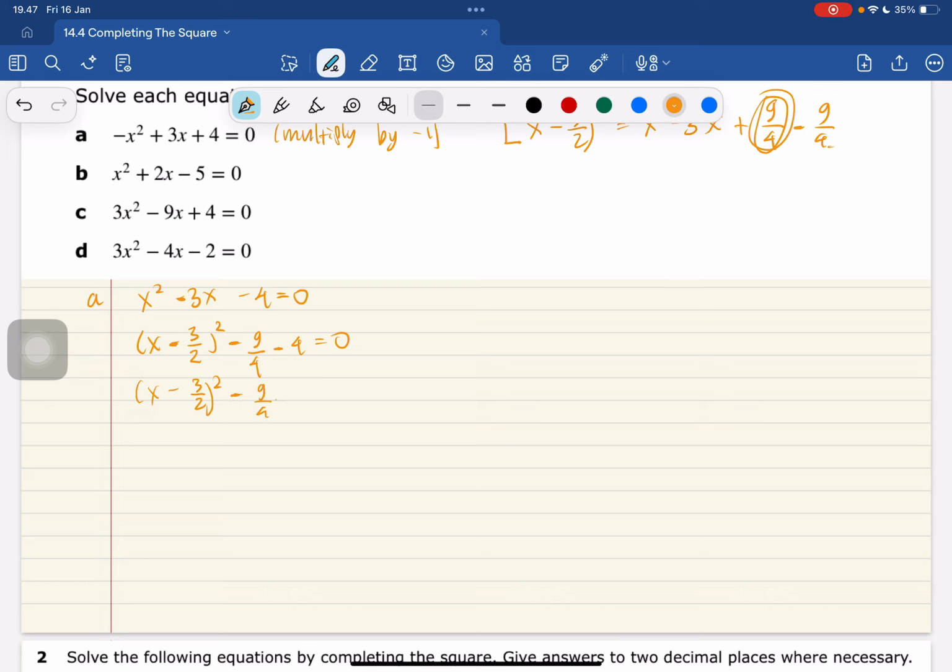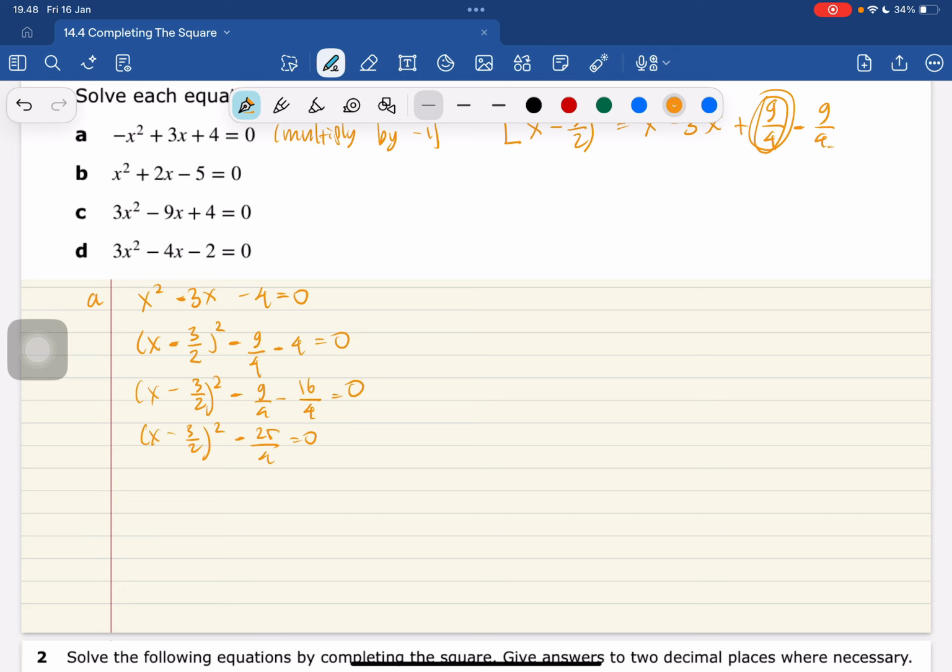Let's change it into over 4, so we times by 4: 16 over 4. So this is x minus 3 over 2 squared minus 9 minus 16, sorry, minus 9 minus 16 over 4, so it's going to be minus 25 over 4 equal to 0.